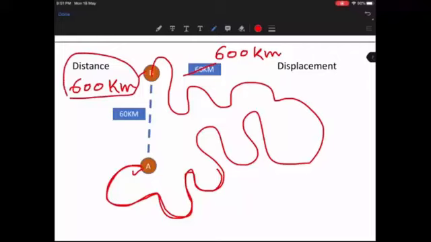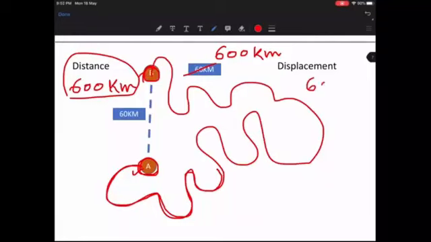But what is displacement? Displacement is the shortest path, or you can say displacement is the difference between the final and the initial point. The initial point of the object was A. The object has gone around the entire country, and the final point is B. So the difference between the initial point and the final point gives you the displacement.